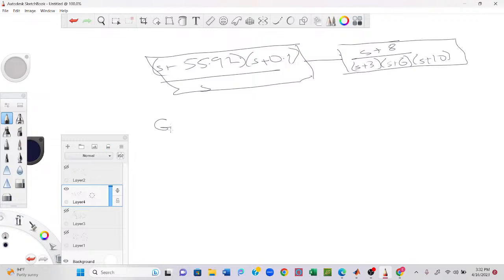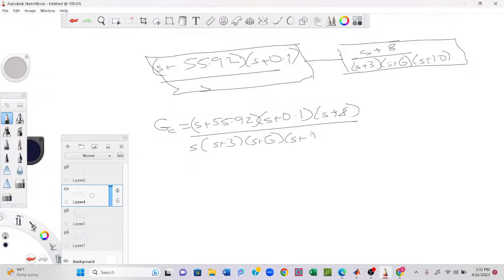So that means the transfer function of your compensated system will be S plus 5.92, S plus 0.1, S plus 8, over S, S plus 3, S plus 6, S plus 10. But not forgetting, there was a K over here.